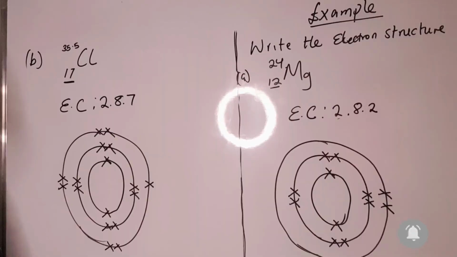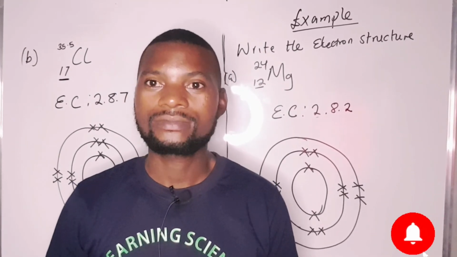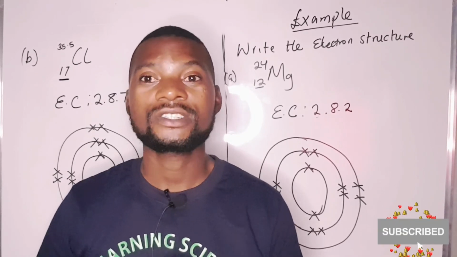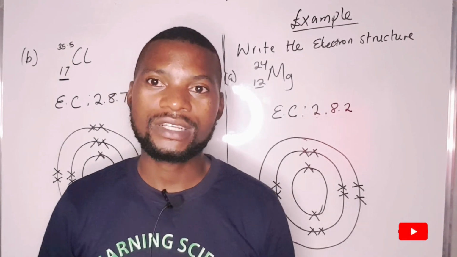So this is how you show the arrangement of electrons for the first 20 elements on the periodic table, as well as drawing their structures.